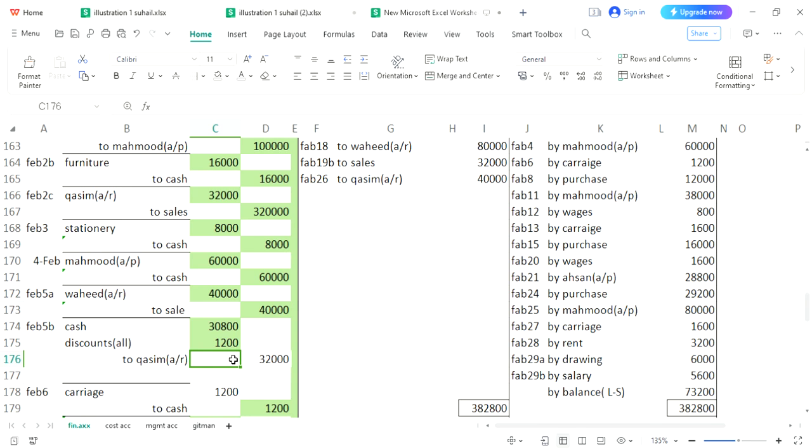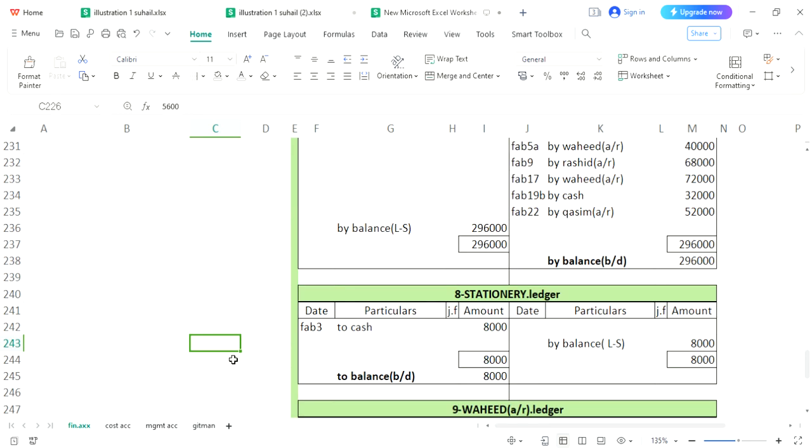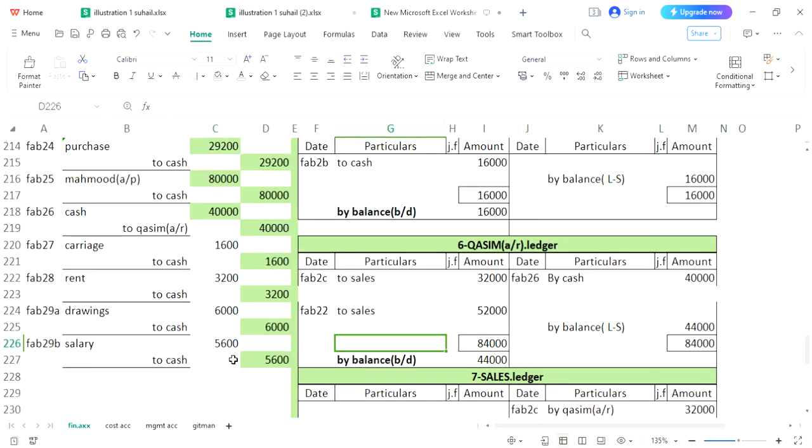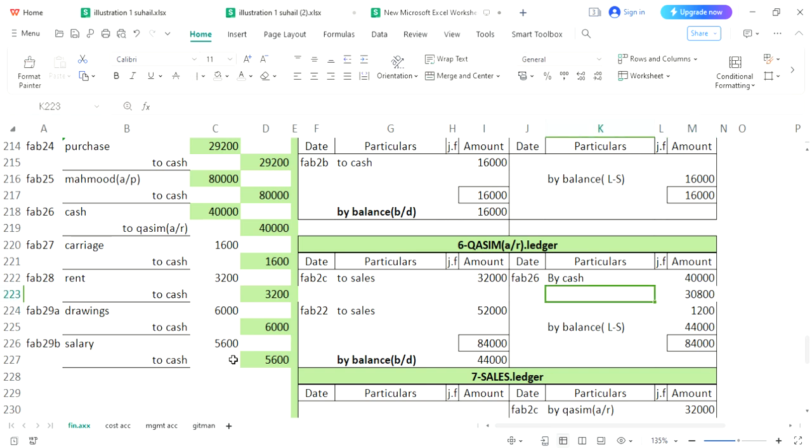Okay, Qasim is credited because of two amounts, 30,800 and 1200. So Qasim here would be credited with two amounts, 30,800 and 1200.